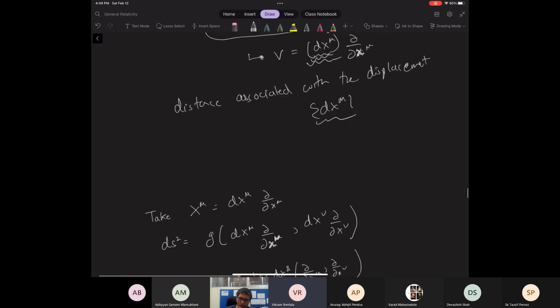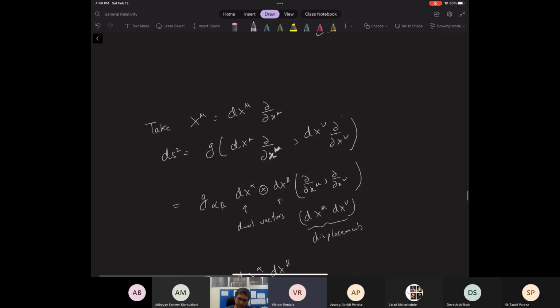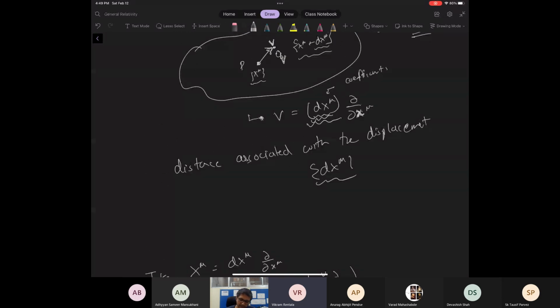Once we have a metric on the manifold, we can take this vector v and take the dot product of it with itself. When we take the dot product with itself, we get a notion of a distance, or a square distance, if you like. So this defines a notion of a distance between the points P and Q, which are infinitesimally close to each other.